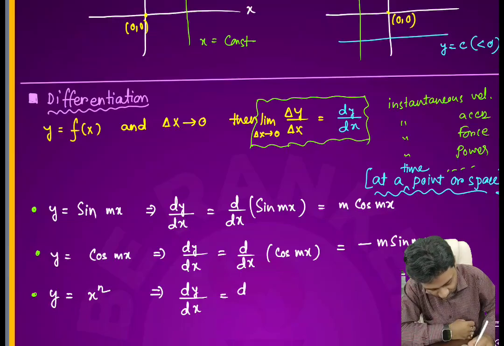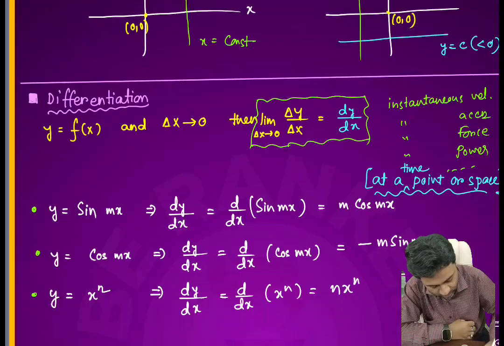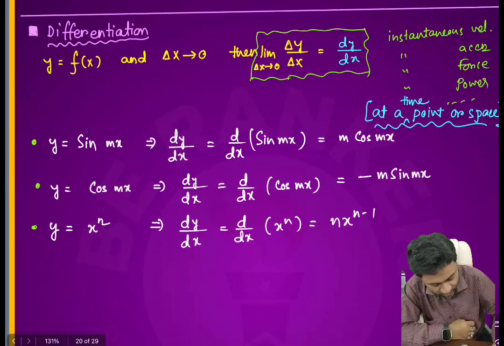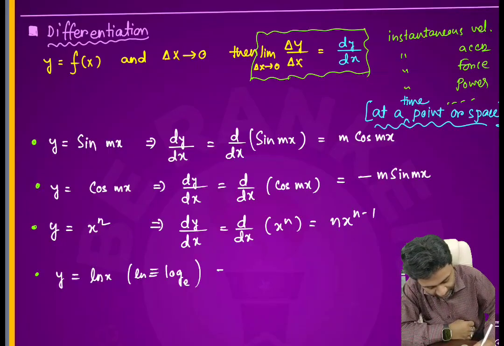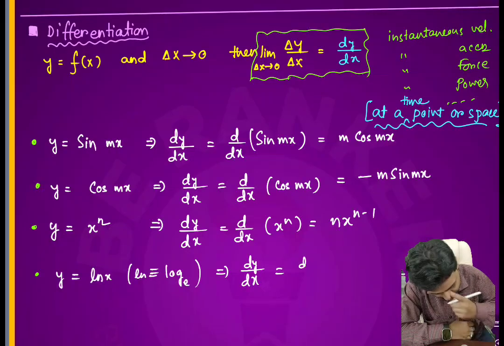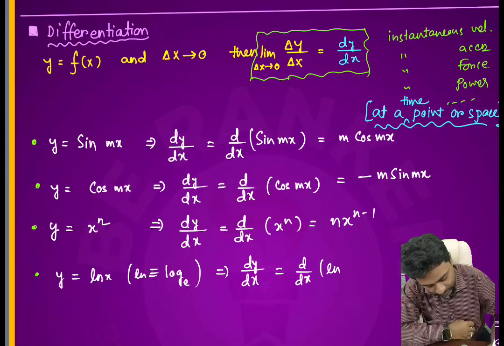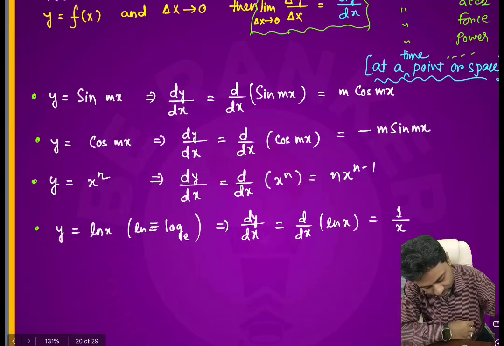If we have an algebraic function y equal to x to the power n, then dy/dx, that is d/dx of x to the power n, would be n x to the power n minus 1. If you have y equal to ln of x, where ln stands for logarithm to the base e, the natural logarithm, then dy/dx, that is d/dx of ln x, would be 1 by x.